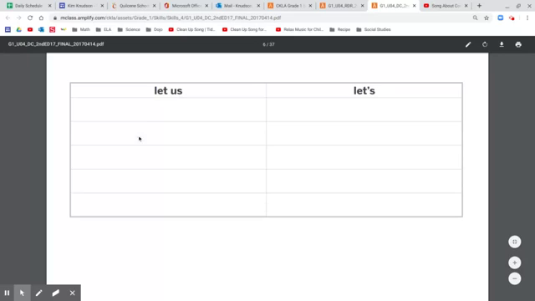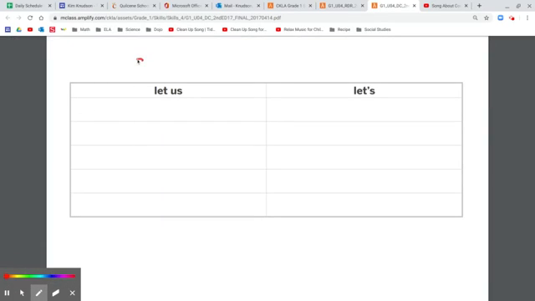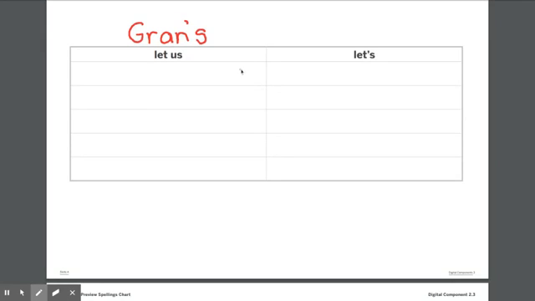The way they wrote it looked like this: Gran with an apostrophe S. Some of you might already know that means whatever they were talking about belongs to Gran.